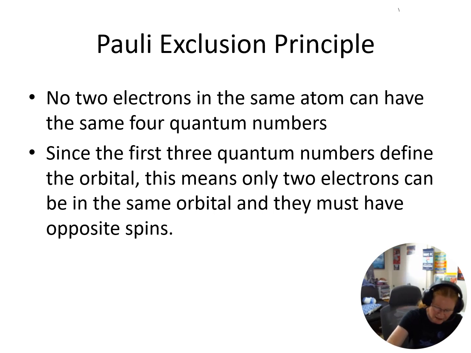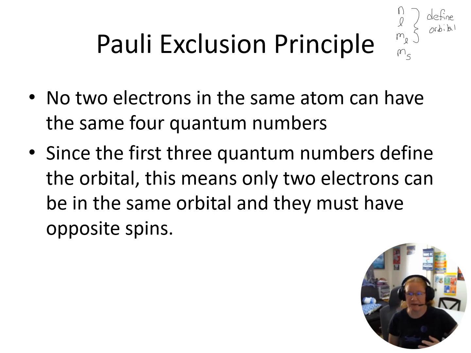So remember, we have our n, our l, our m sub l, and our m sub s. The first three define the orbital, and then that m sub s is going to be the spin quantum number. And so we can have the same n, l, and m sub l, but then our m sub s is where we're going to differ.